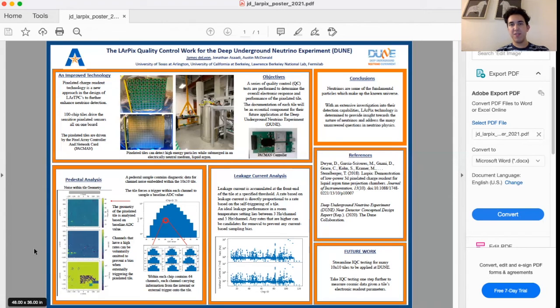What I plan to do for this project in the future is to streamline and automate a process in which a large number of tiles can be shipped to the University of Texas at Arlington.